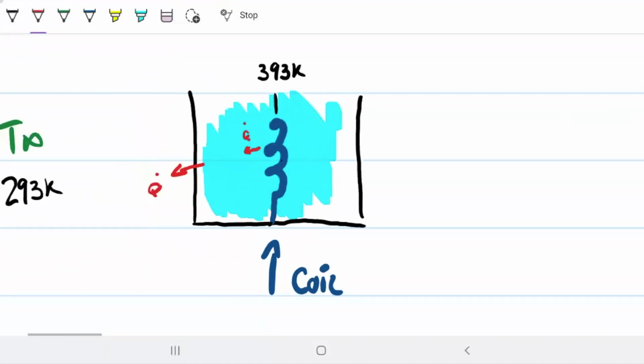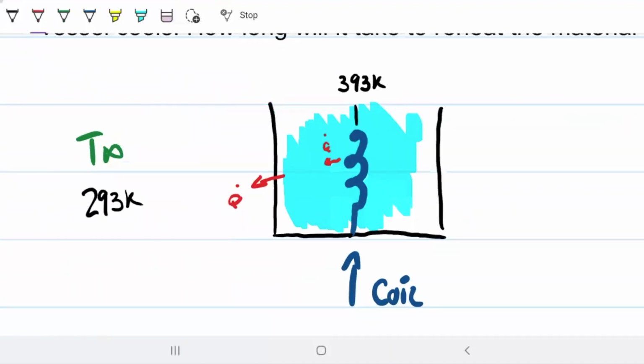But at the same time, I also have T infinity. And because T infinity is at 293, this fluid is also losing energy to the environment. Right? So if we simplify this problem and remove this part, then the temperature is going to increase until both have the same temperature, until both are at 393.